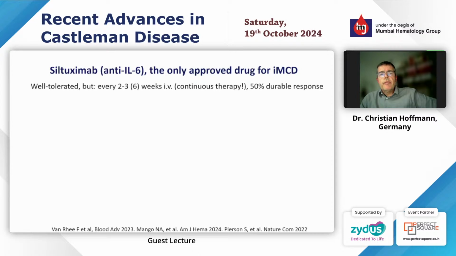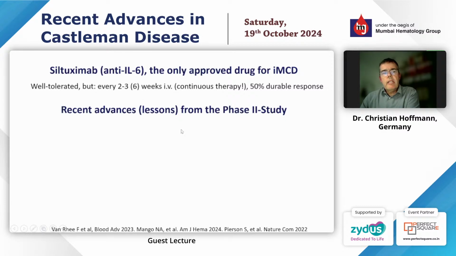And we've treated many patients with siltuximab. It's usually well tolerated. However, you have to perform infusions every 2 to 3 weeks. You may extend the intervals to 6 weeks, but it's a continuous therapy, achieving durable responses in only 50% of the cases.